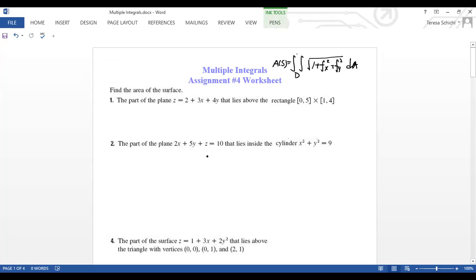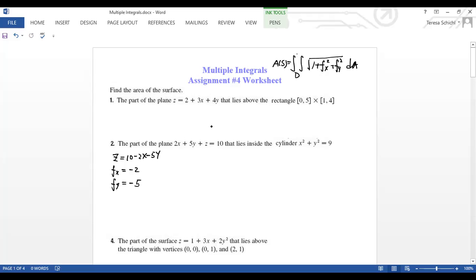So here, z is equal to 10 minus 2x minus 5y. The partial with respect to x is negative 2, and the partial with respect to y is negative 5.